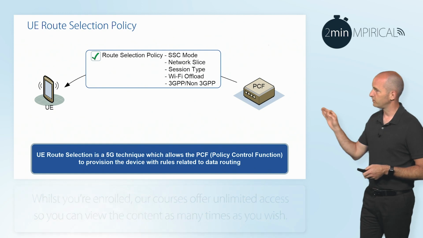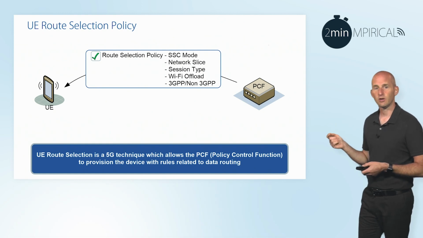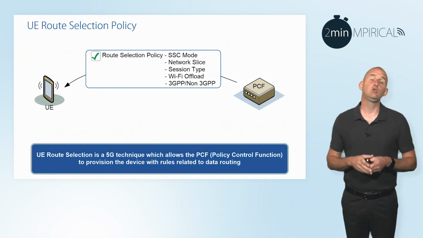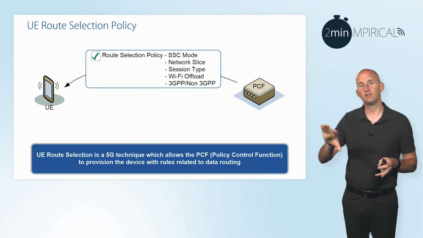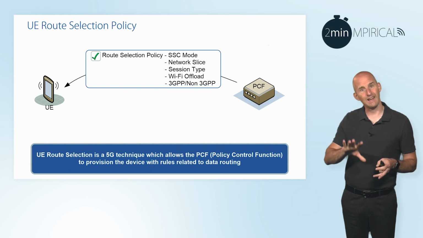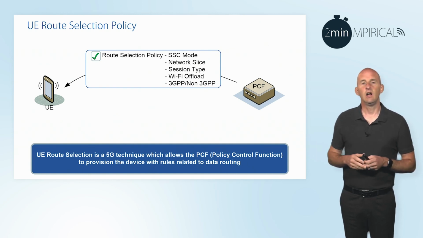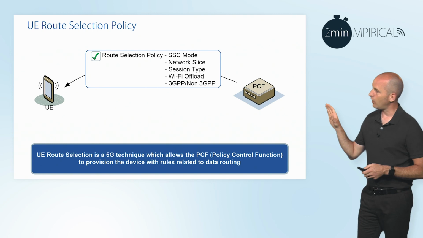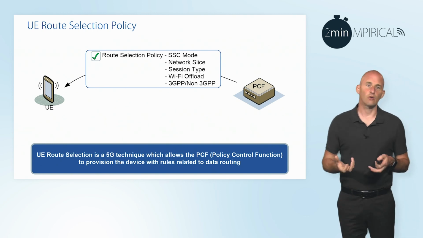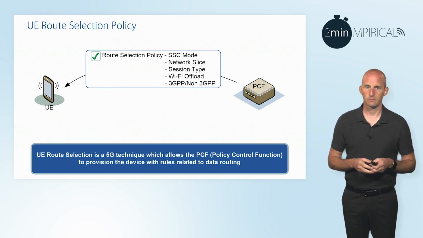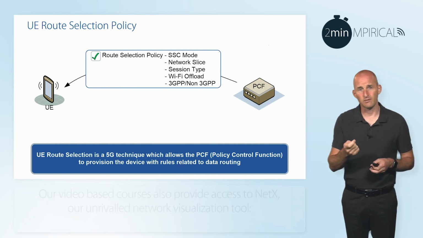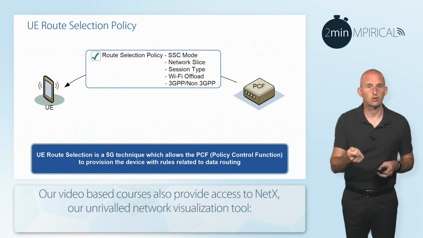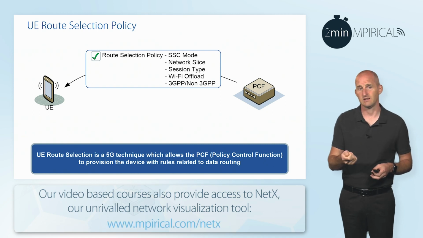We've also got an instruction for Wi-Fi offload. So should this data be using cellular at all, or should we simply be offloading to Wi-Fi and using that data connection? And then finally, if we've got 3GPP and non-3GPP access available, so when we're talking about non-3GPP access here, we are talking about Wi-Fi, but Wi-Fi is fully integrated into the 5G core in this case.